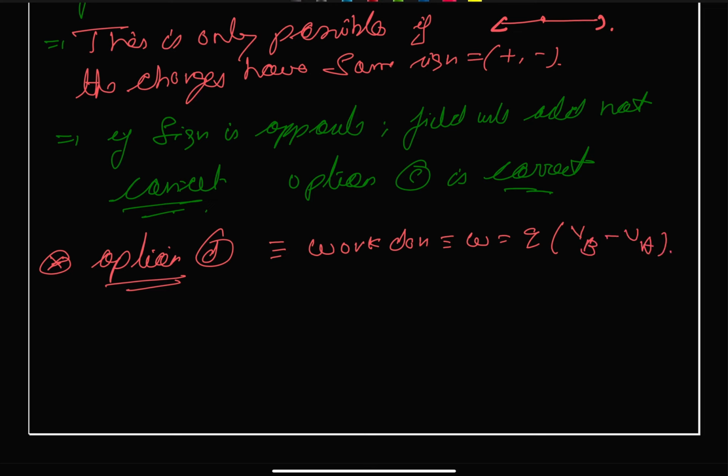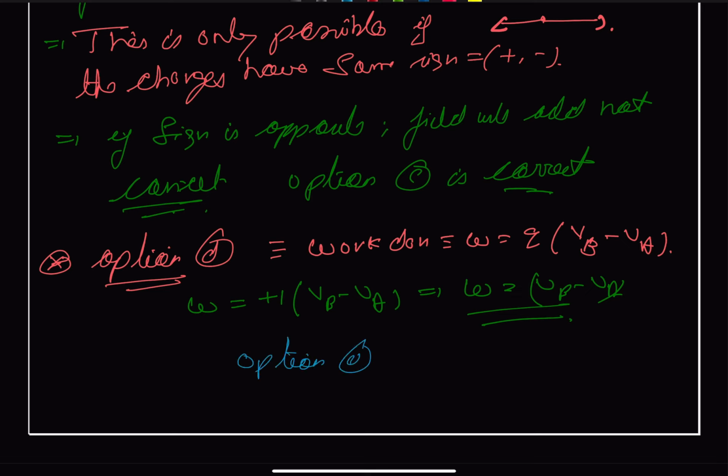Charge is given as unit positive, so work done will be equal to plus 1 times VB minus VA, which gives us that work done is equal to VB minus VA. So option D is also correct.